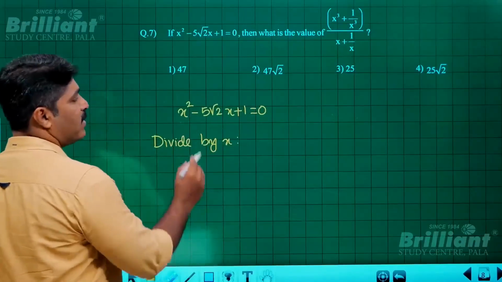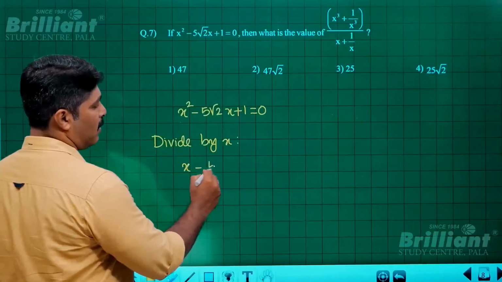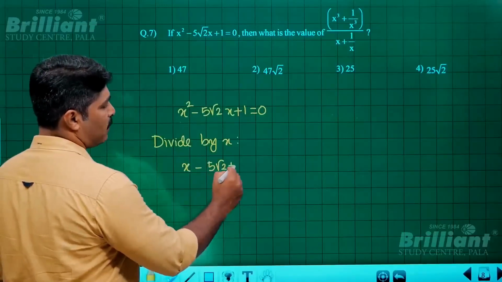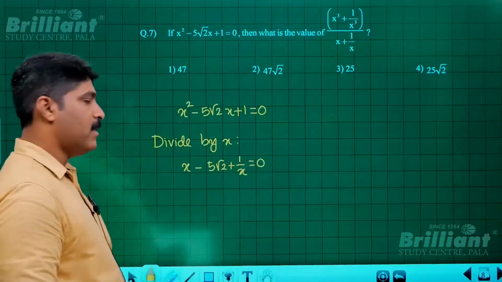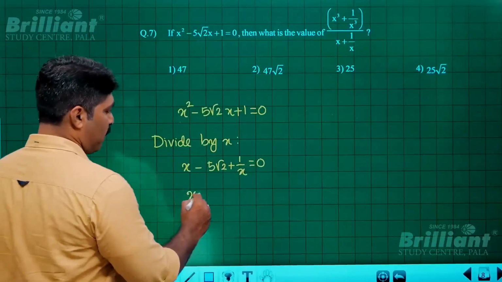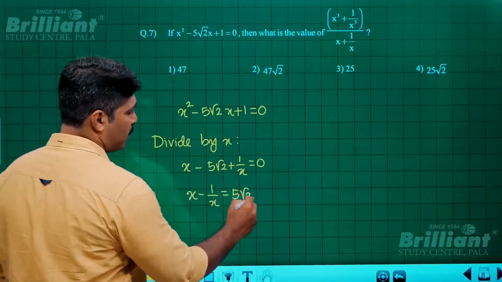When we divide these terms by x, this will be equal to x minus 5 root 2 plus 1 by x equals 0. Correct? So from this step we find that x plus 1 by x is equal to 5 root 2.